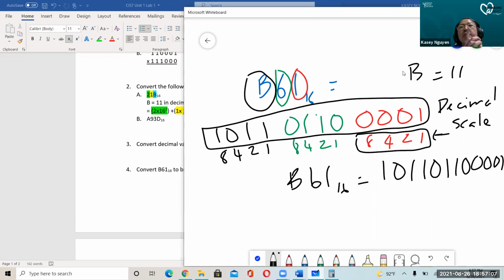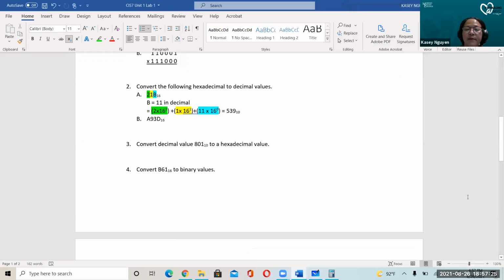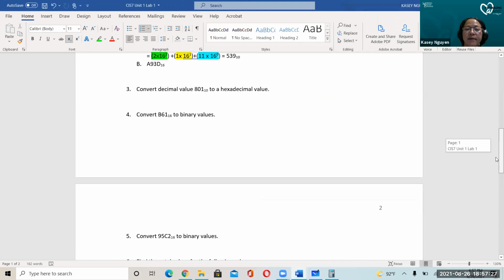You can chunk it up into 4 bits like what we just did, or you can convert it into decimal and then from decimal to hexadecimal, which is a longer process. So breaking it up into 4 bits would be easy. Okay, any question?